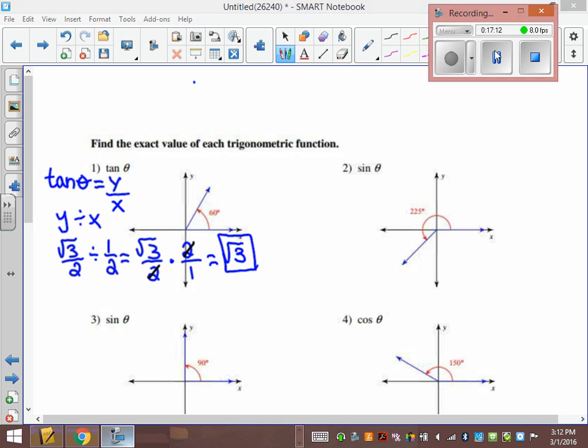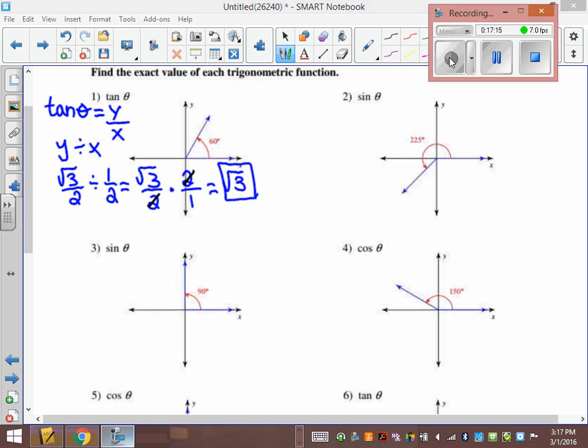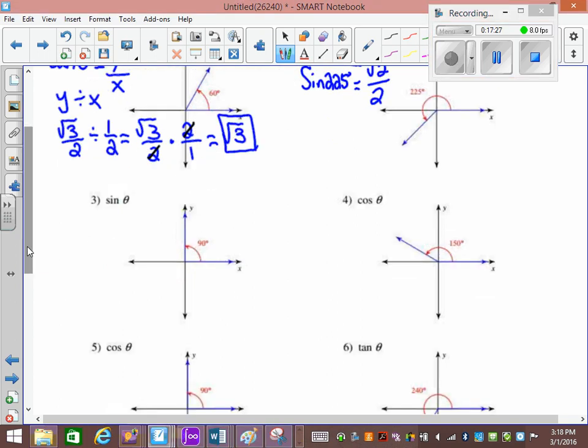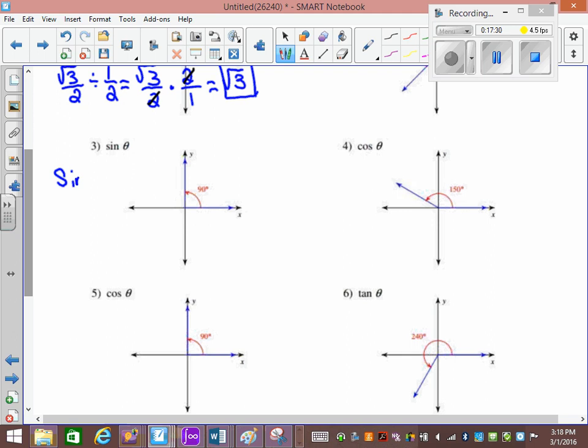Okay, sine of 225 is negative root 2 over 2. And then sine of 90, you always write the degree symbol beside the sine, is 1.